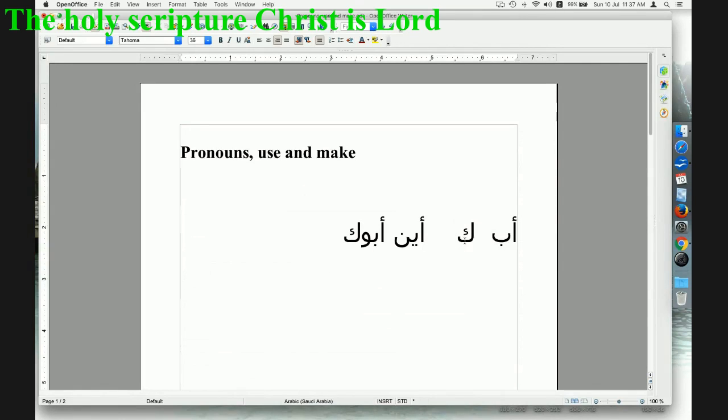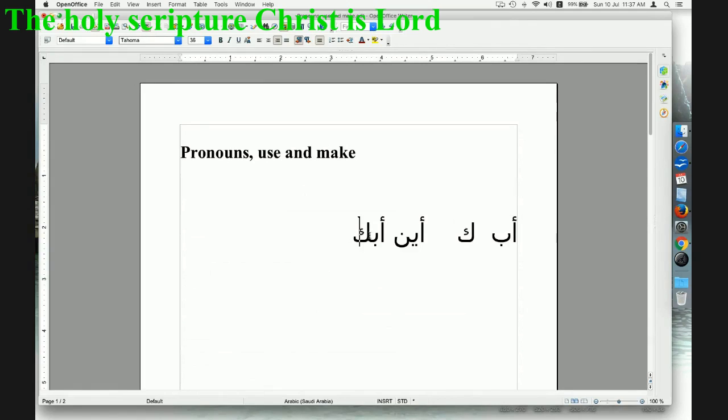Later we will explain why. I'm using now a street language. All right, this is not official. If I want to use official, I will say abak.